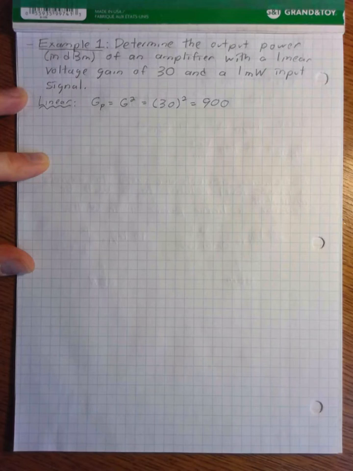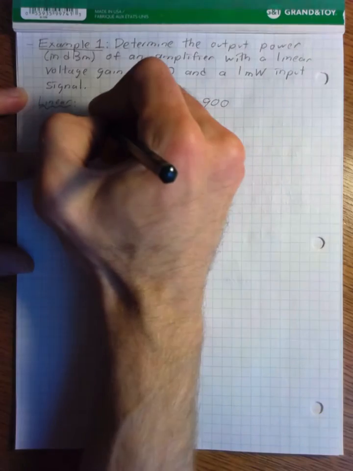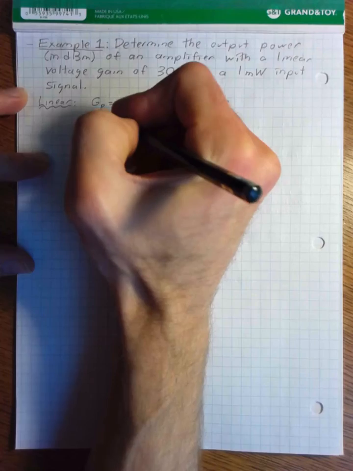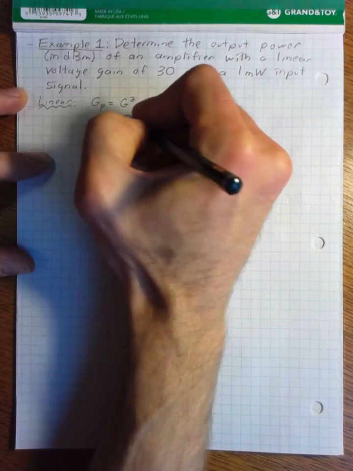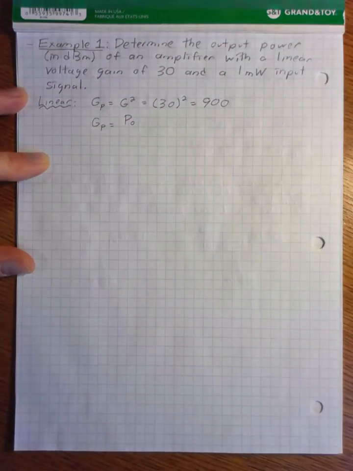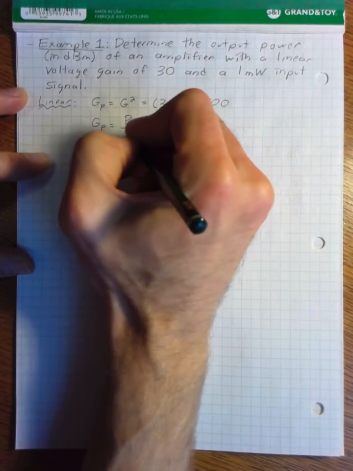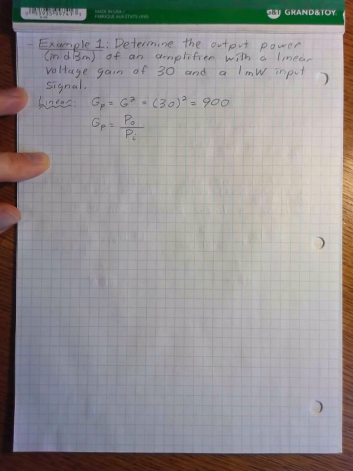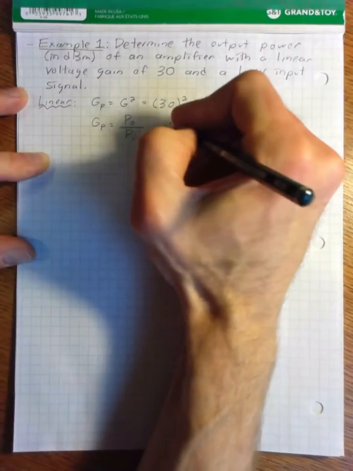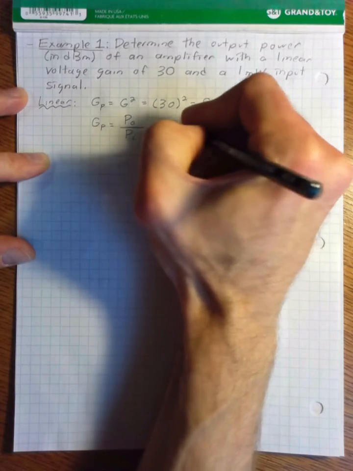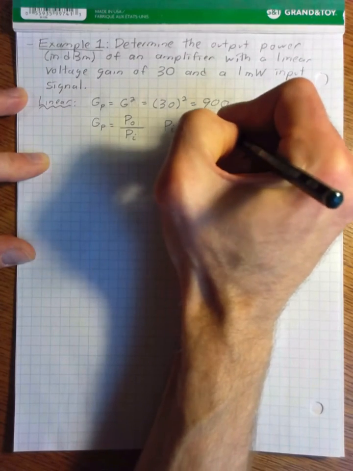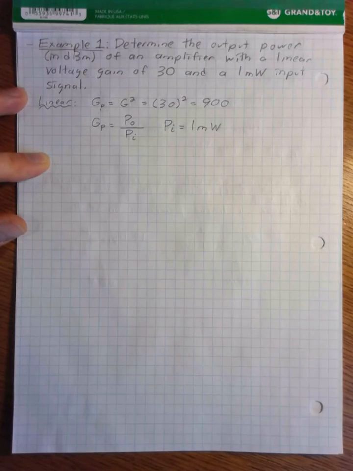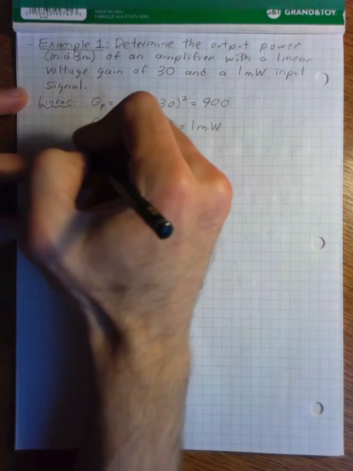We also know that power gain is equal to the power that we deliver to a load with the output of our amplifier divided by the power that we would deliver to the load if we just hooked up the input signal directly to the load with no amplifier. And our input signal, if hooked up to our load, would have a power of 1 milliwatt.